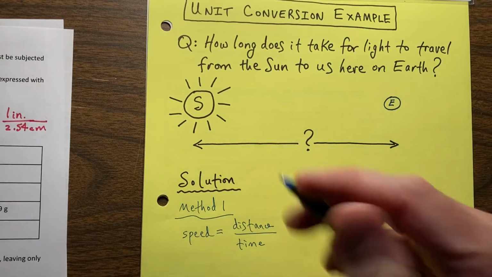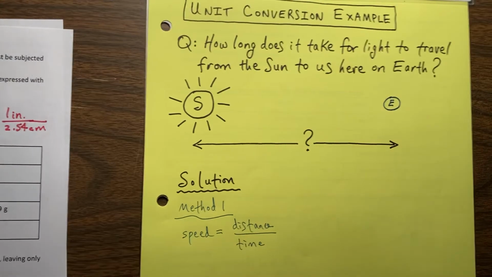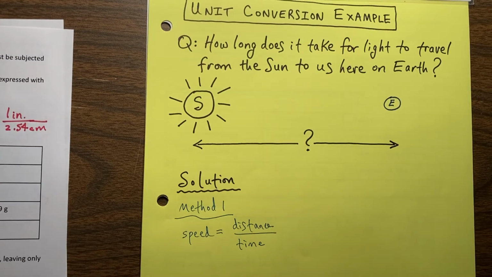So this is helpful to come up with a formula, because if you don't know where to start the problem, just start by writing a true statement. You say, okay, how long does it take for light to travel? And then ask yourself, what do you know? You'd have to know the distance between the sun and the earth, and you'd have to know how fast the light travels. And then the third thing is the time.